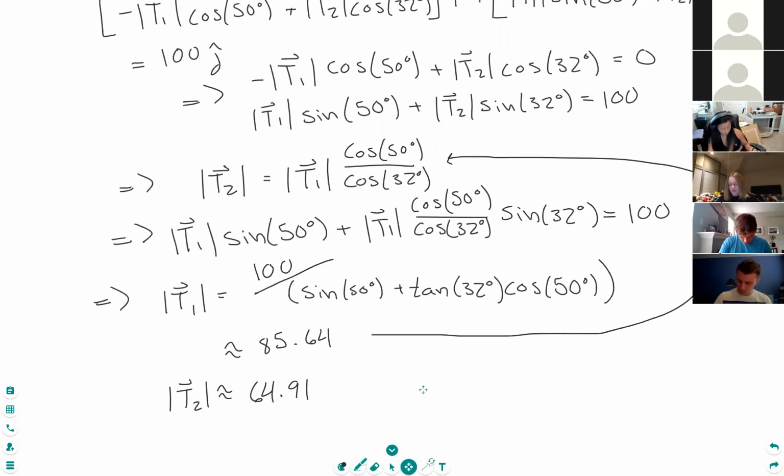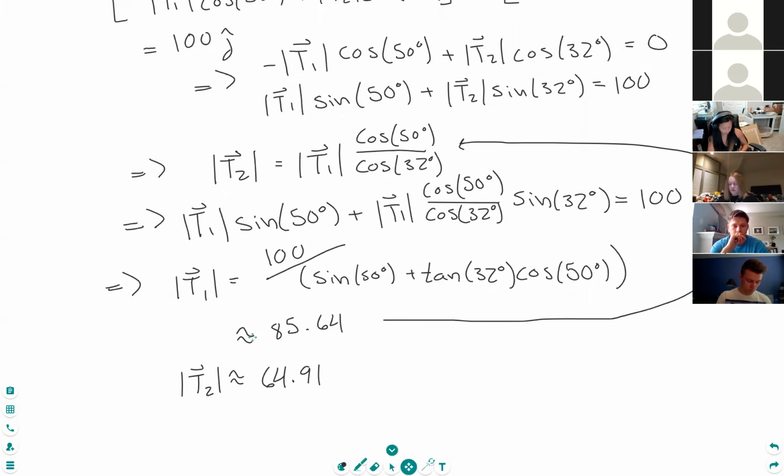Okay. We're almost there. So notice that we only solved for the magnitude here, right? We need to actually find out what the vectors are, not just their magnitudes, because we have the magnitude, but we also need a direction.